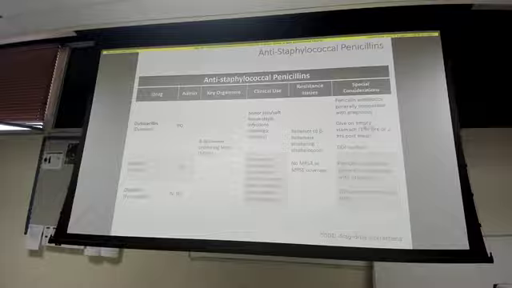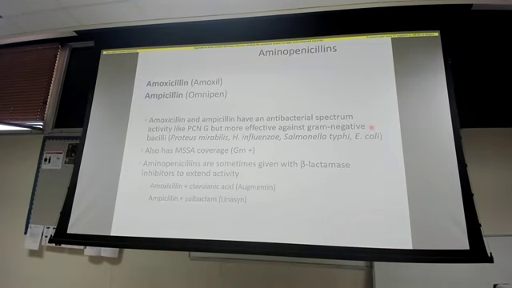All right. Pregnancy is okay with my penicillins. Okay, your aminopenicillins. These are the ones that a lot of people hear about, know about, amoxicillin and ampicillin. Very popular medications that we'll prescribe, but what you see here is you have more gram-negative activity, whereas when we were talking before, what was our Pen G focused on?